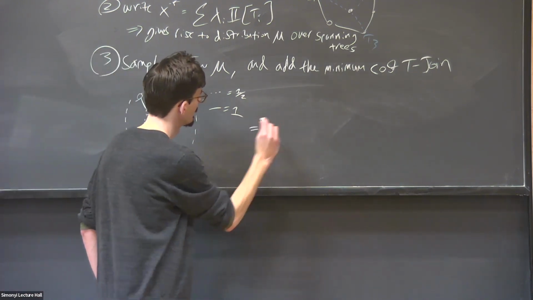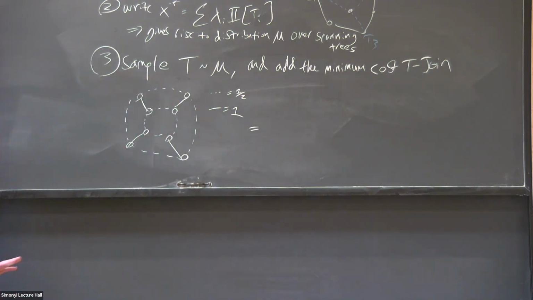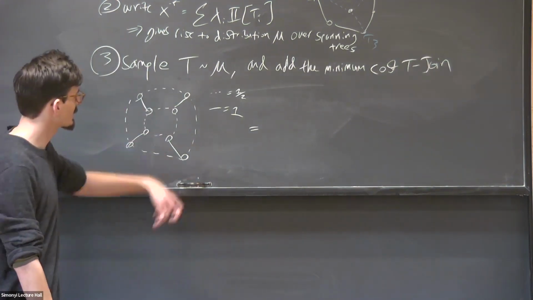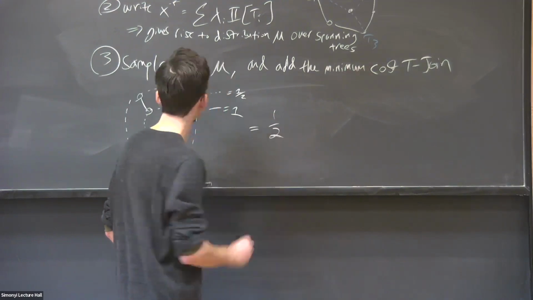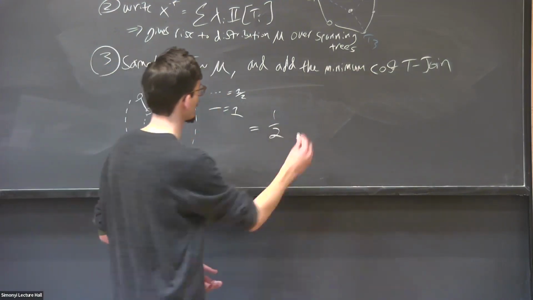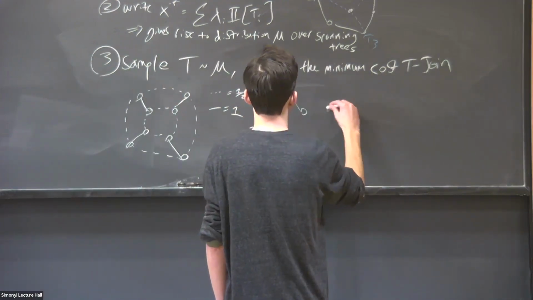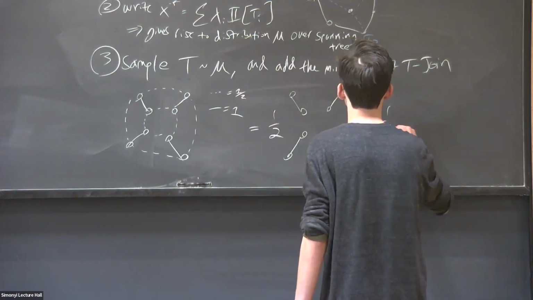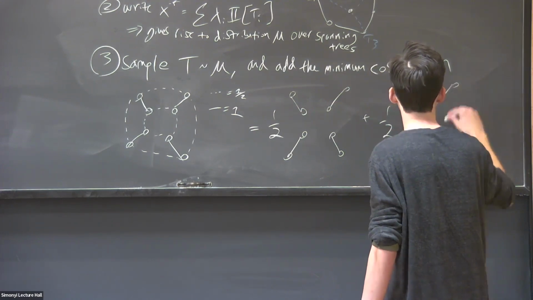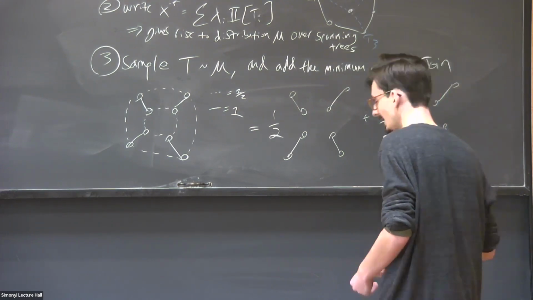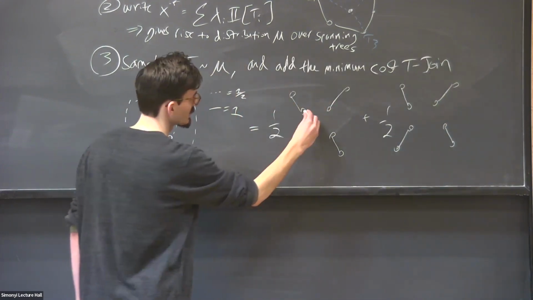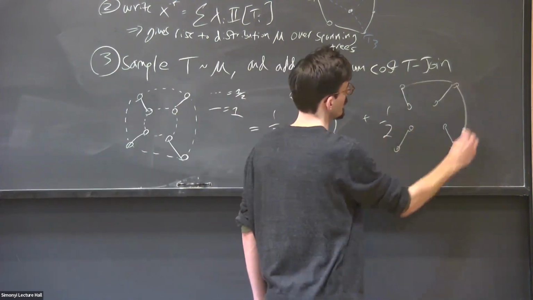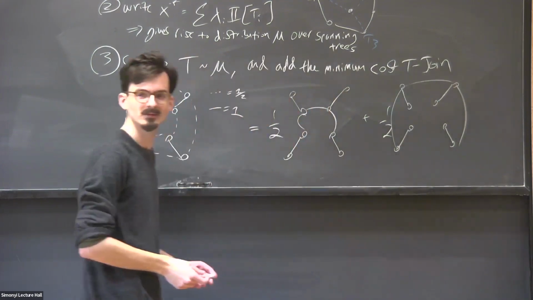Okay, but now I'm going to forget about this f edge for the rest of the talk pretty much, so don't worry about that too much. I can now write it as a convex combination of two spanning trees. So I can write it like this. They both should have all these edges of weight 1. But now one of them can take the internal cycle and one of them can take the external cycle.